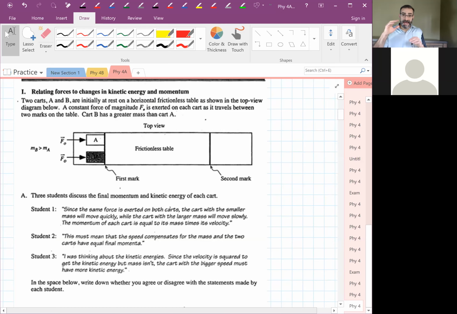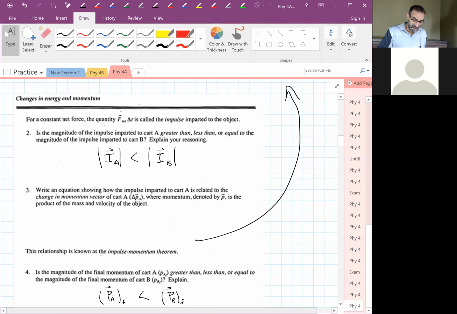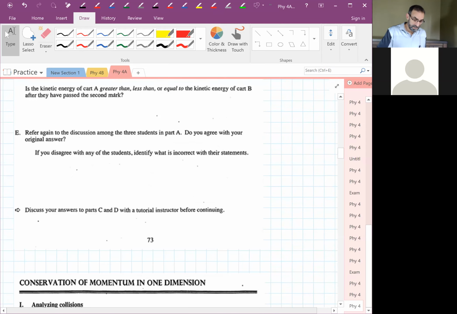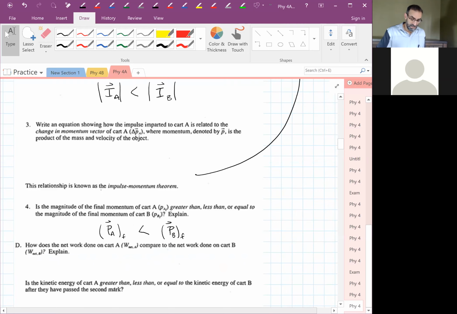The other one has a smaller mass, bigger velocity. By the time you multiply them together, you're going to end up with the same thing. It turns out that's not the case. We just saw that's not the case. When you multiply them together, it doesn't compensate. The momentum of B is more because the time interval was very important, right? The time interval.